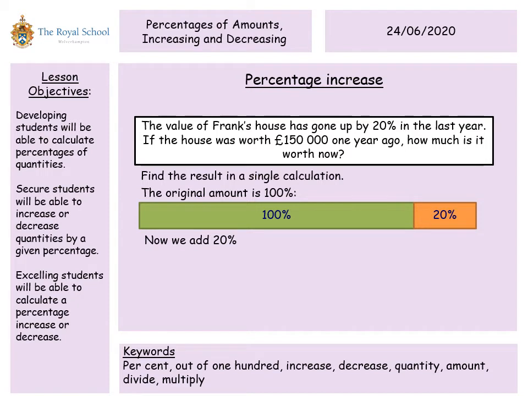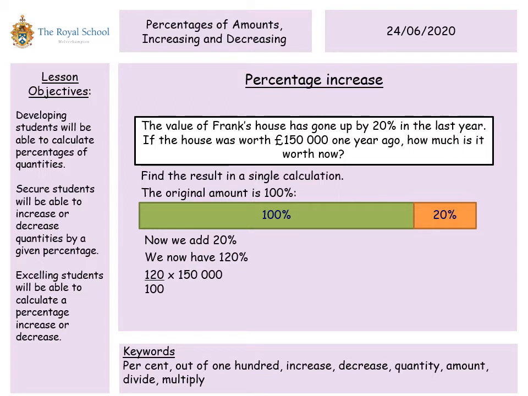So how much do we have in total? We have 120% then, because we've got the original amount plus this percentage increase, and therefore we find that percentage of 150,000. So we're going to find 120 100ths, because we've got greater than a whole one, times 150,000.